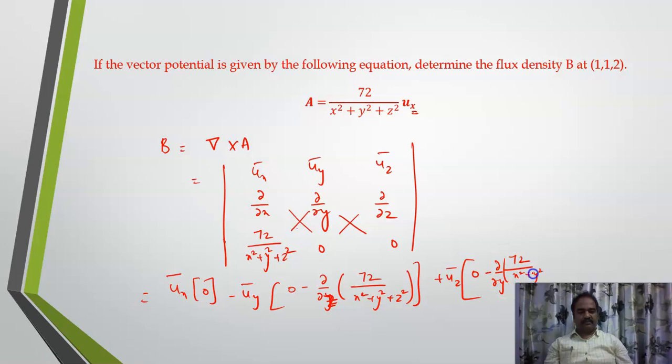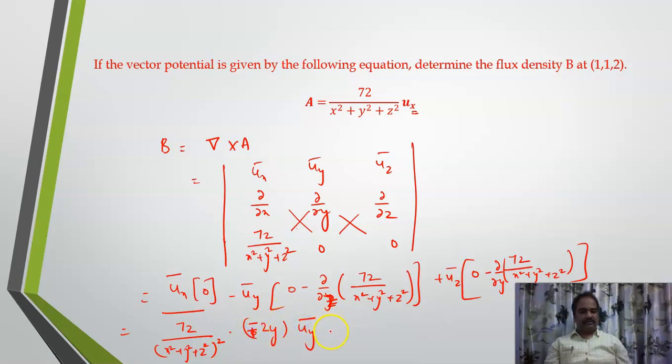So this will become 0, and this will become 72 by x square plus y square plus z square whole square, and minus into minus is plus, this will become minus again, so minus 2z, and here also this remains the same, but here you will get plus 2y uz bar. Okay, so I'll take this as common.